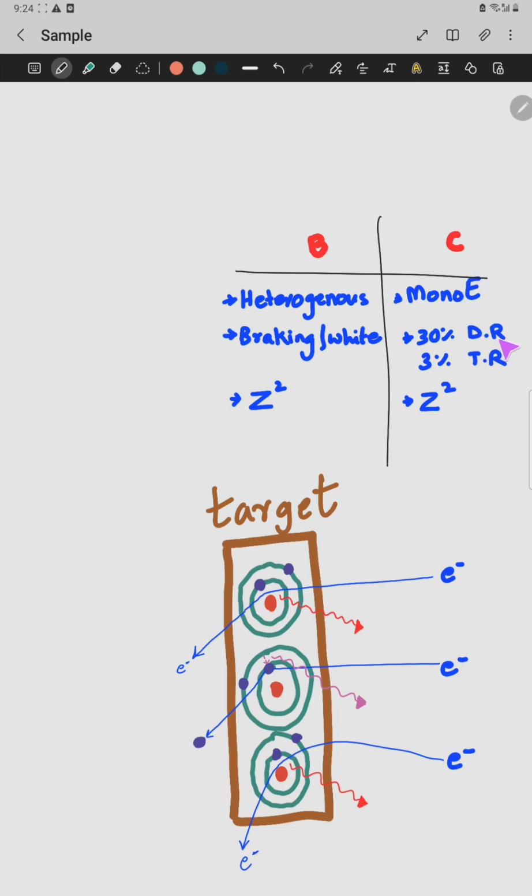In diagnostic radiology, 30% of the X-rays produced in the target are characteristic, and the rest is Bremsstrahlung. In therapeutic radiology, that is radiotherapy, only 3% of them are characteristic, and the rest are Bremsstrahlung. Both of them depend on the square of the atomic number. As the atomic number increases, the probability of Bremsstrahlung and characteristic radiation is related to the square of the atomic number.